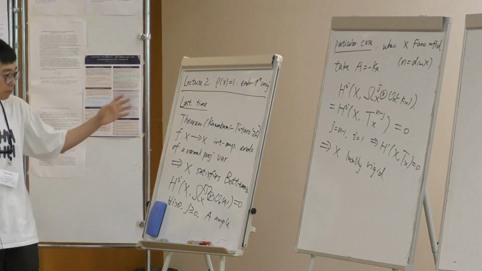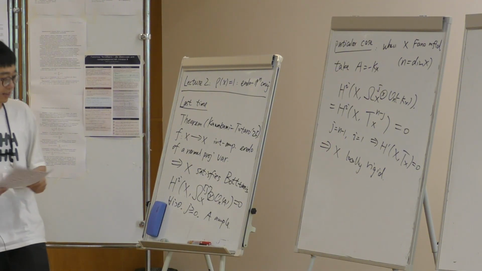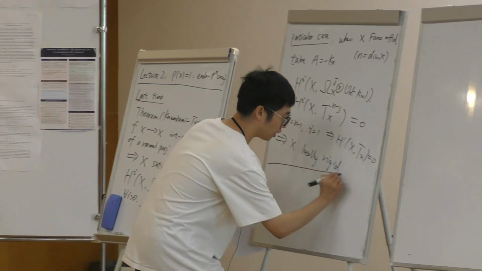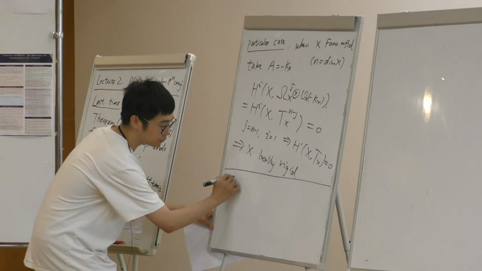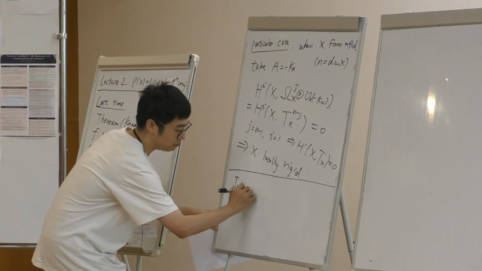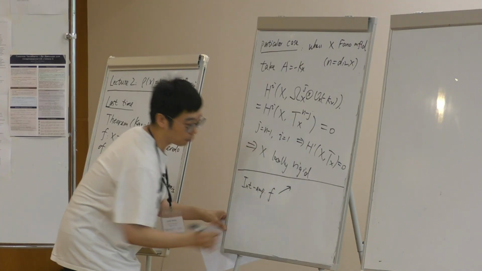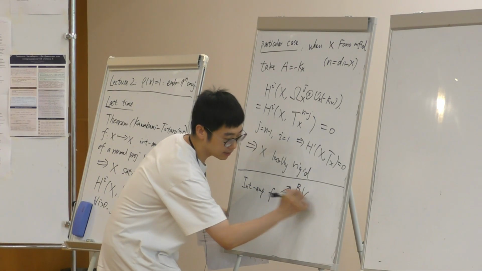So this is another useful application of int-amplified endomorphisms. The last thing I want to summarize is, if we start from an int-amplified endomorphism f, then by this theorem it satisfies Bott vanishing.